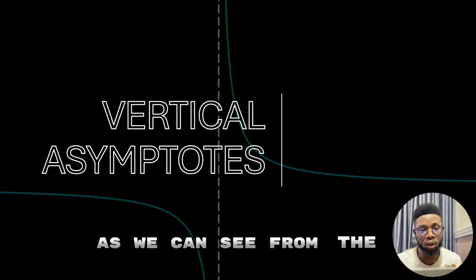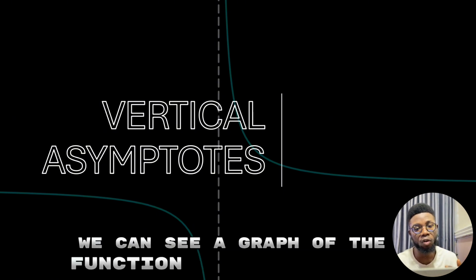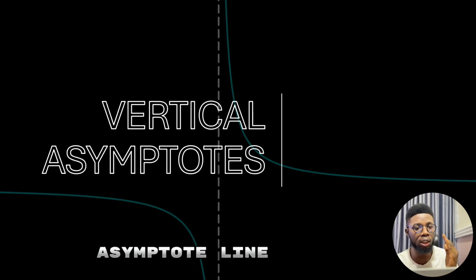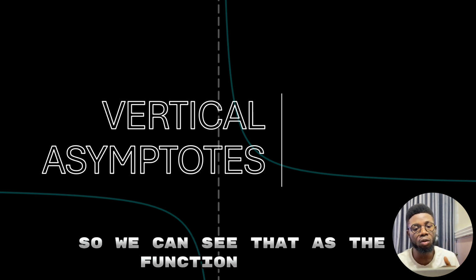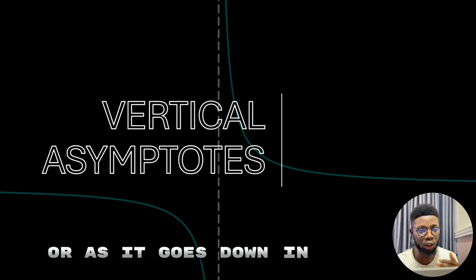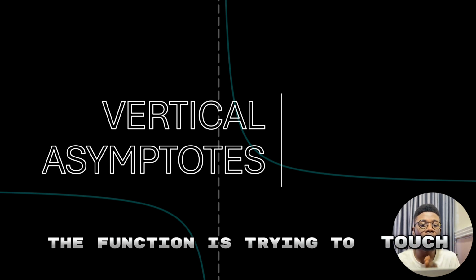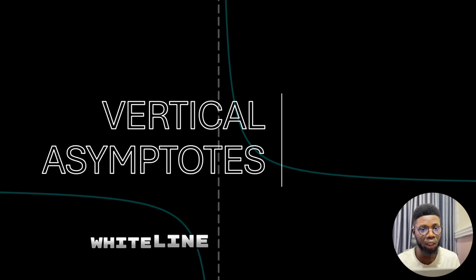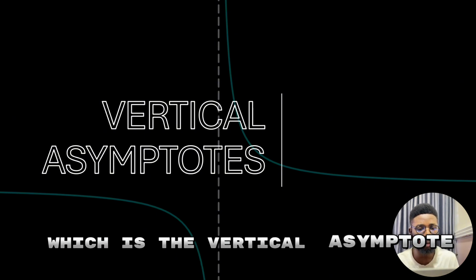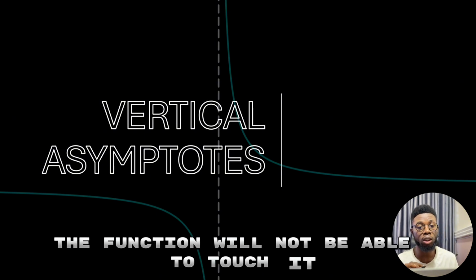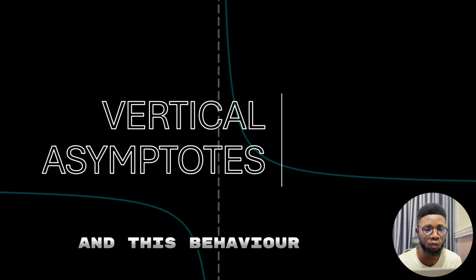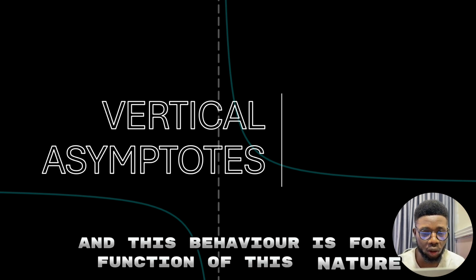As we can see from the background here, we can see a graph of the function in blue and the asymptote line in white. So we can see that as the function goes up, or as it goes down in this case, the function is trying to touch the white line, which is the vertical asymptote. The function will not be able to touch it. And this behavior is for functions of this nature.